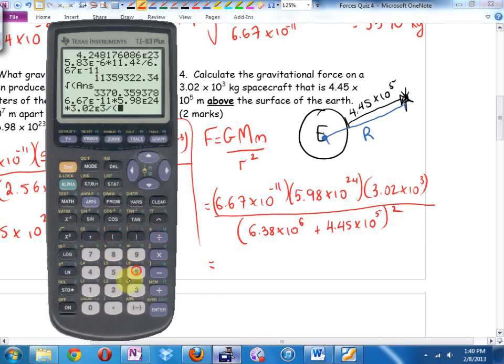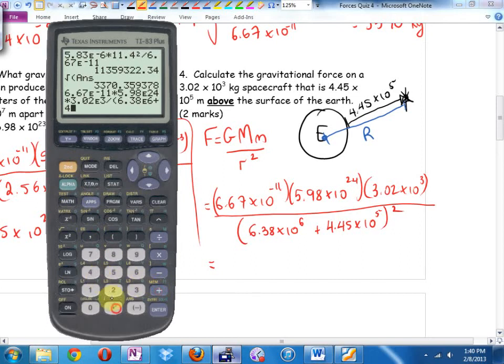More than one number on the bottom, put it in brackets. You could have, Kieran, added these together on a separate line and just included that in the bottom. Hey, I'm lazy, I got a good calculator, I'll try and do it in one fell swoop.